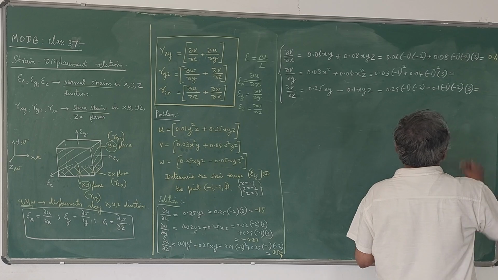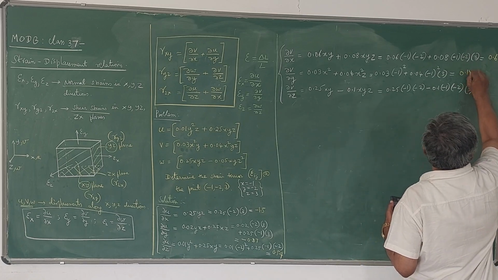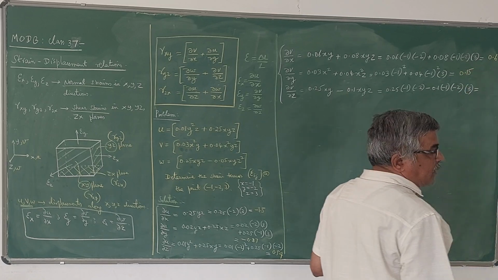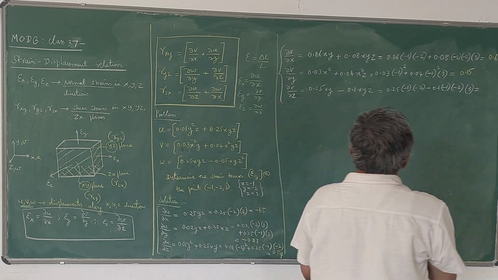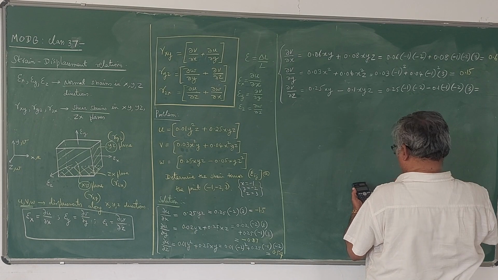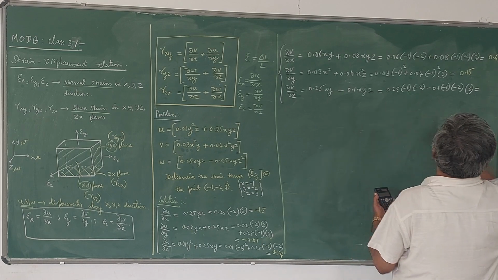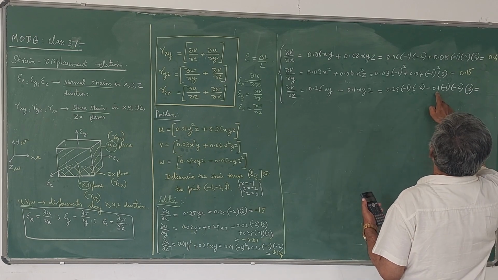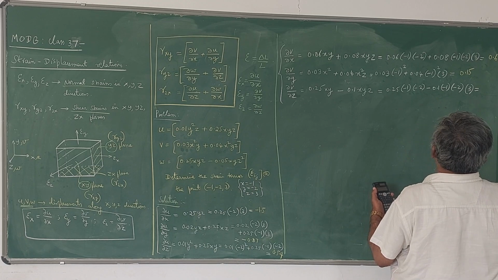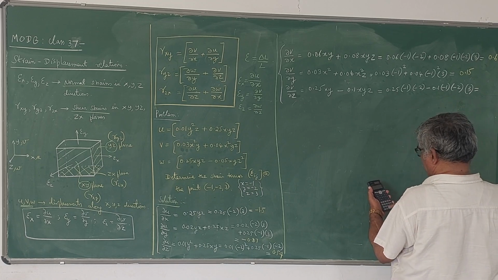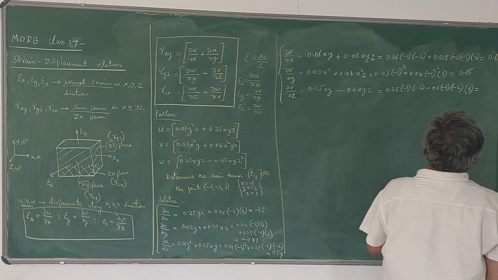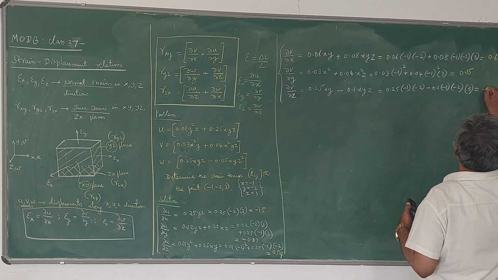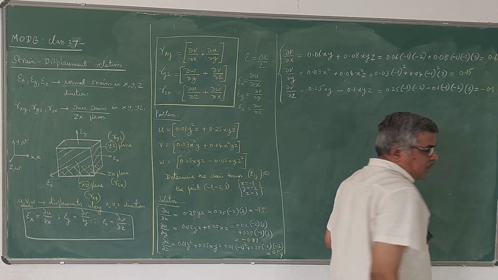So it becomes 0.15. So please calculate correctly and write. The third value will be 0.25 into 2, that is 0.5, and 6 into 0.1 means it is 0.6 with a negative sign, minus 0.6. 0.5 minus 0.6 becomes minus 0.1. So this is the second set of values.